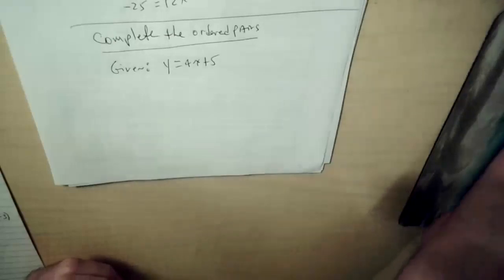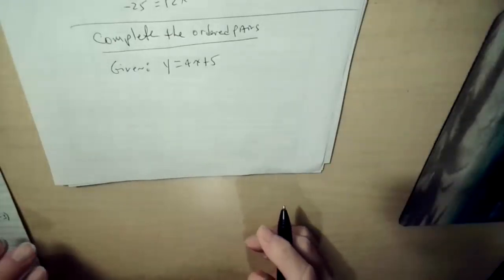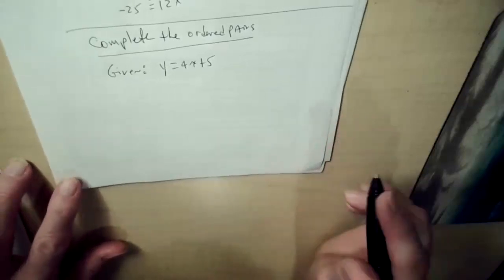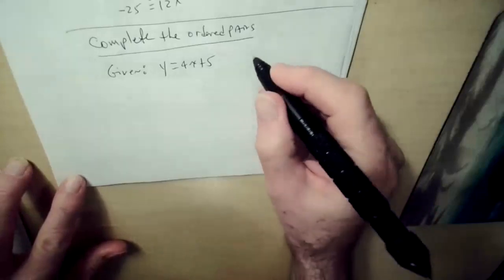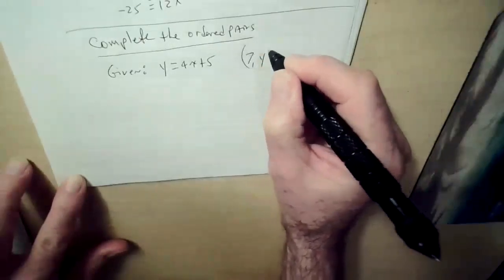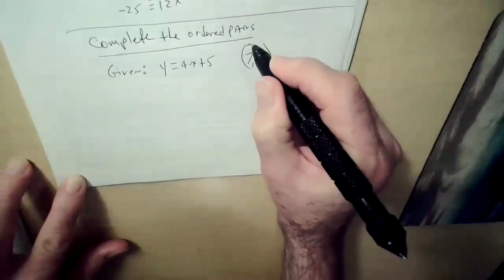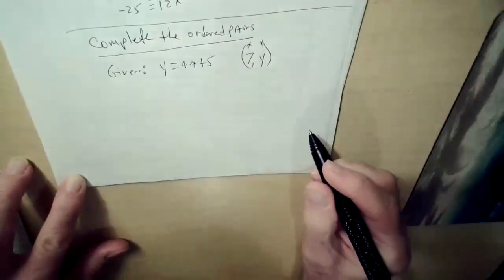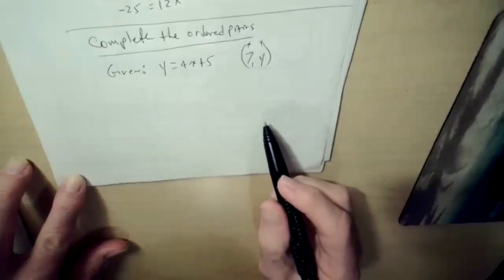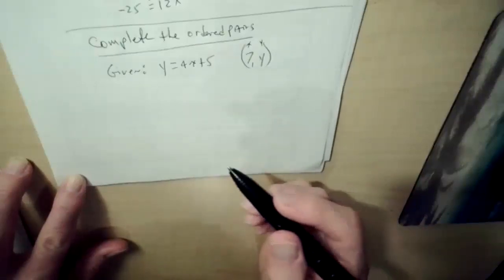Right, slope-intercept. Okay, complete the ordered pairs. What if we have (7, y)? In other words, we know what the x is. We don't know what the y is.